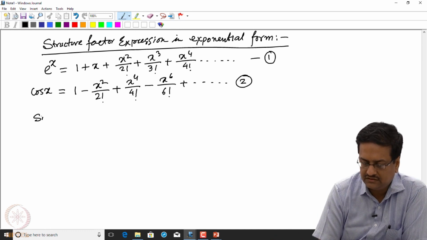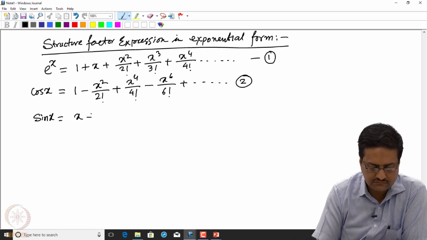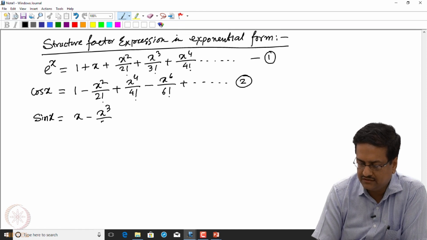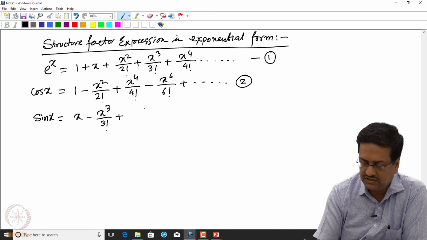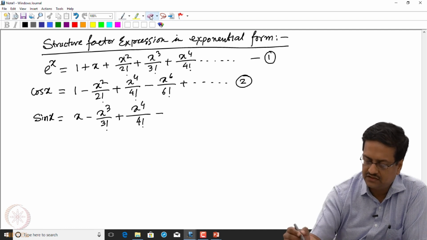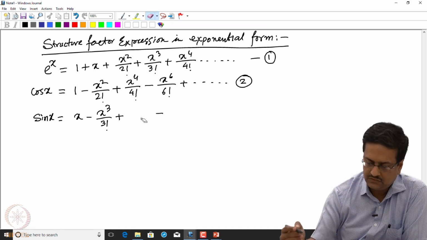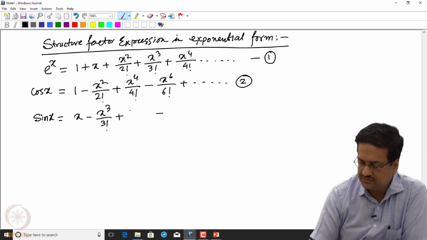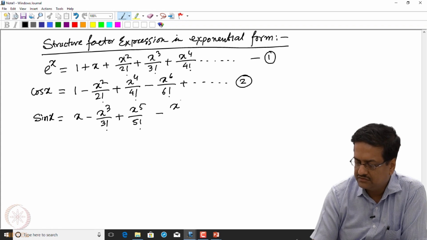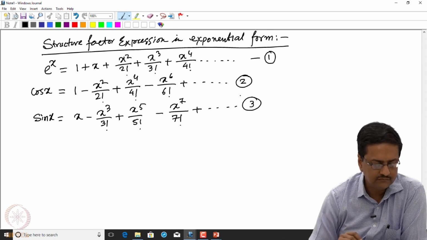And then we write sin x equal to x minus x cube by 3 factorial plus x to the power 5 by 5 factorial minus x to the power 7 by 7 factorial and so on, as equation number 3.